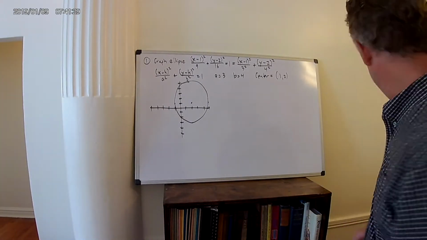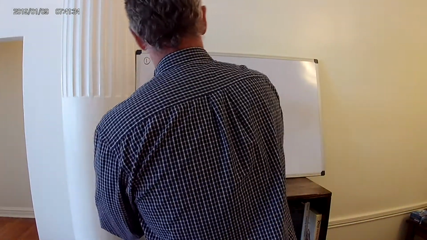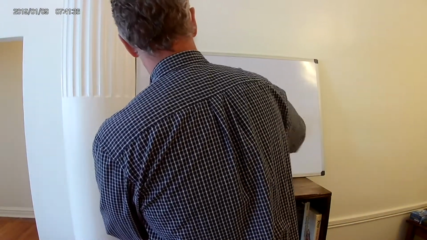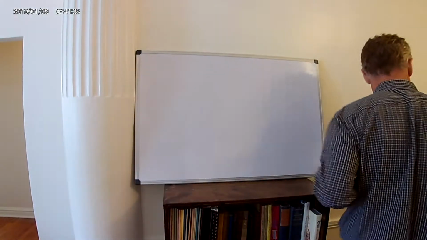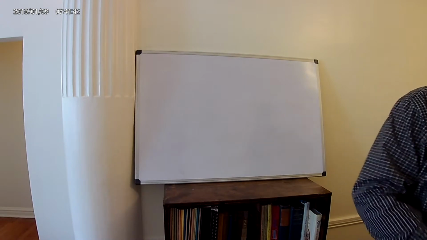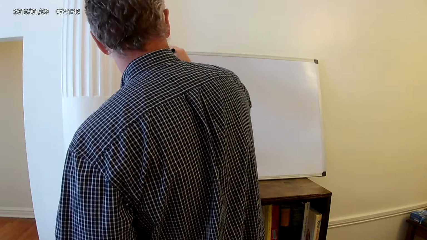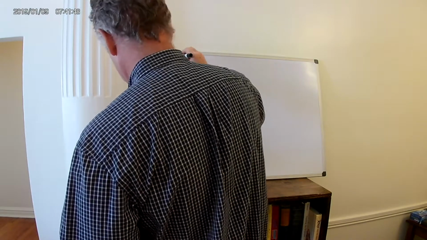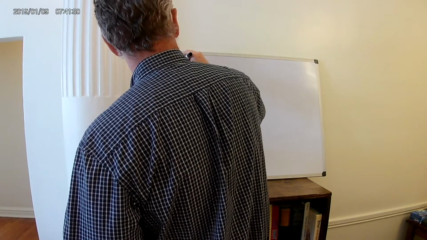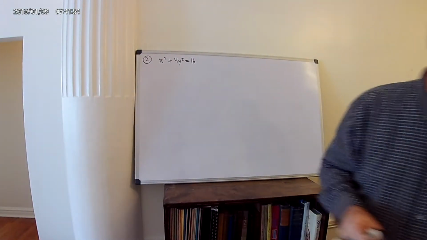Okay, let's do another problem. In this problem, let's suppose we're given this equation, x squared plus 4y squared equals 16, which, by the way, is an ellipse.